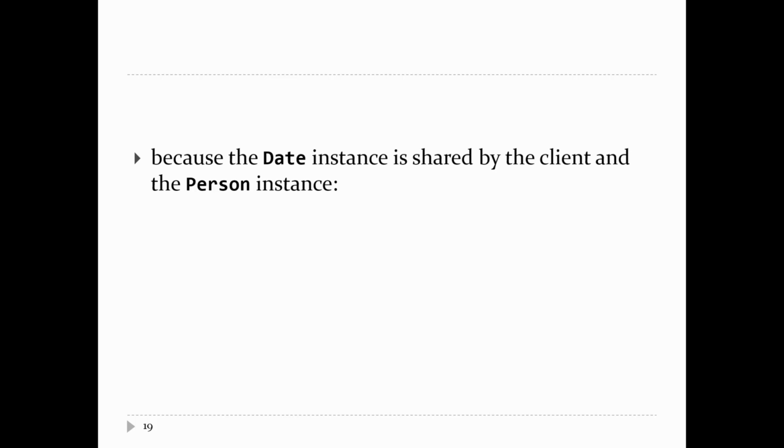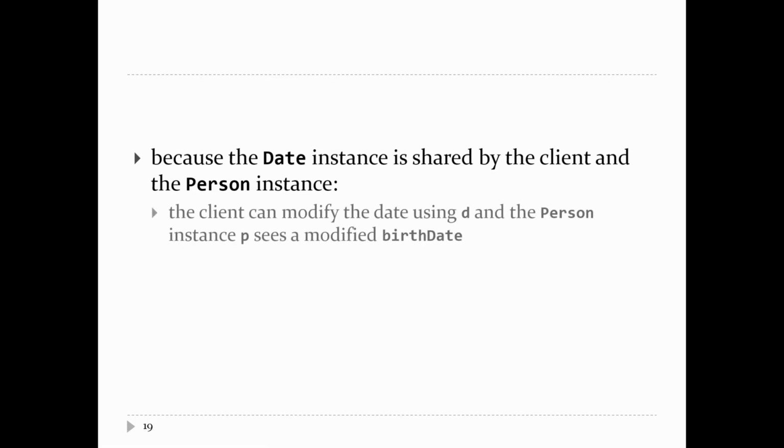But because of the way we've implemented the person class, the reference to the date object that the person has is exactly the same as the reference that the caller has. They both have a reference to the exact same date object. So the caller can change the date using D, and the person object P now gets this modified birth date.